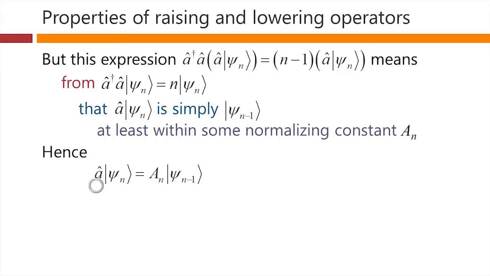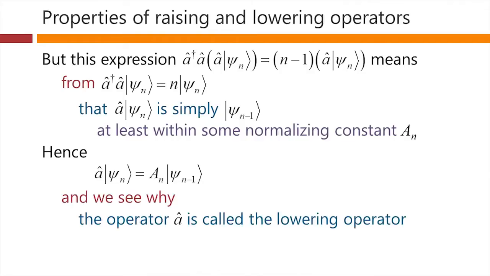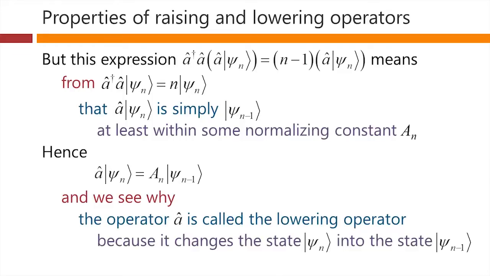Hence, A operating on psi n gives us some constant, A n, times psi n minus 1. And we see why this operator, A, is called the lowering operator. It changes the state psi n into the state psi n minus 1.